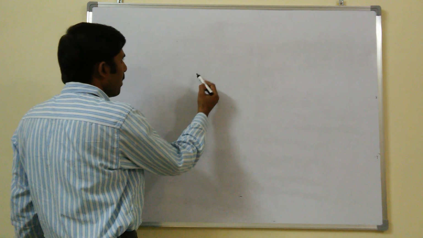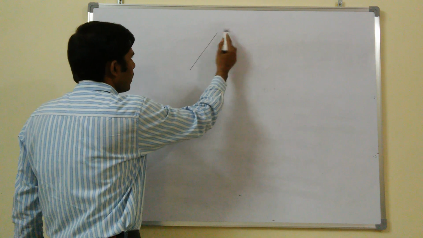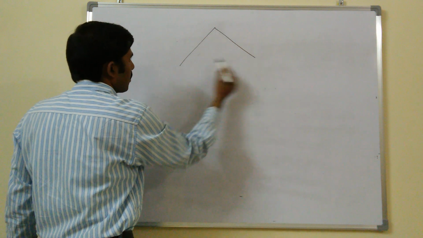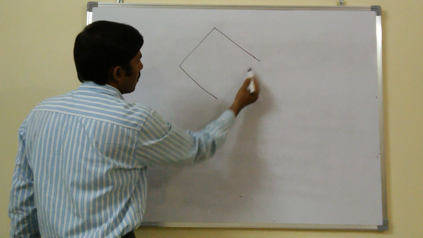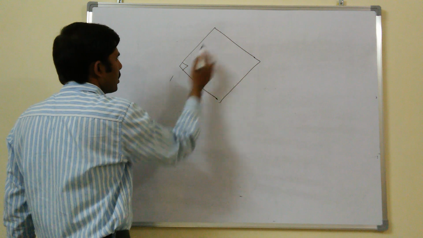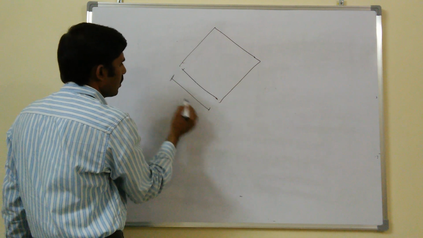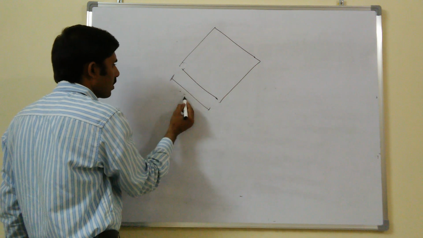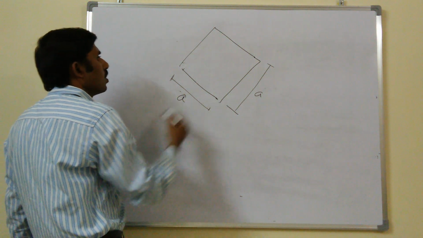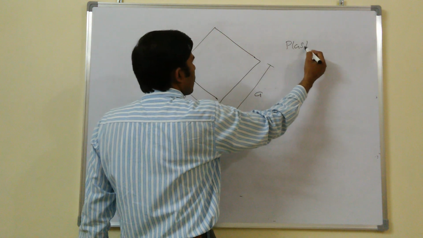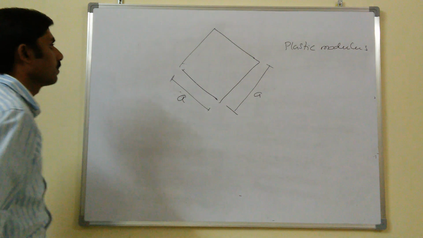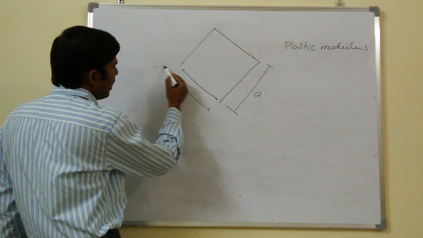Now for the diamond shape we will find the plastic modulus. This is a diamond, with 90 degrees each. Let us say this side is A, for example, and this is also A. So find the plastic modulus. The equality axis we can find easily because of symmetry.